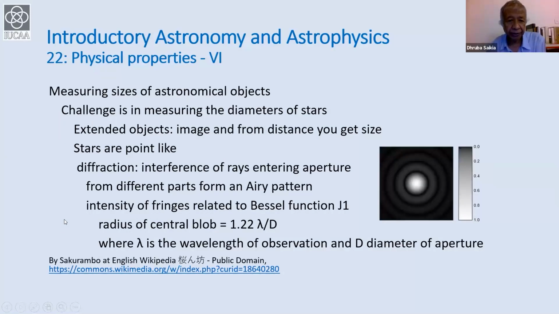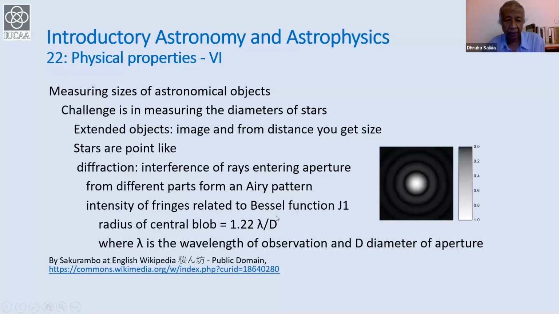But the resolution is limited by the diffraction pattern. We talked about diffraction and the seeing and the Rayleigh criterion for the resolution that you would get with a telescope of a certain size, whether it's a mirror in the case of an optical telescope, or an antenna in the case of a radio telescope. And that is given by 1.22 lambda by d, which is the radius of the central Airy disk.